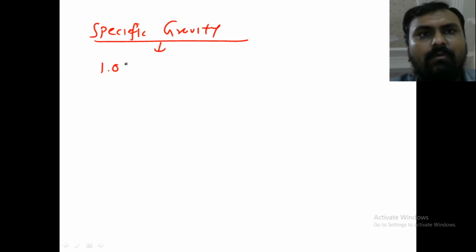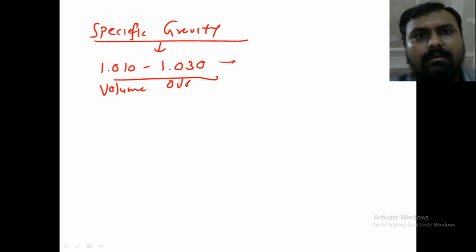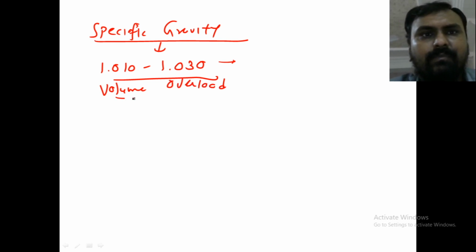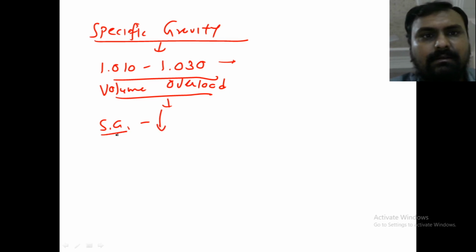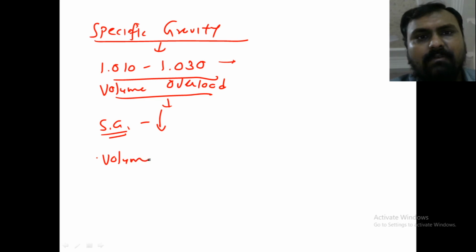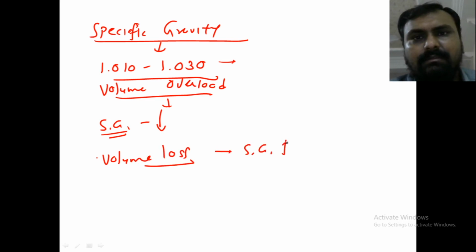It is normally around 1.010 to 1.030. Whenever there is a volume overload, specific gravity will be decreased, and whenever plasma volume is lost, specific gravity is increased.